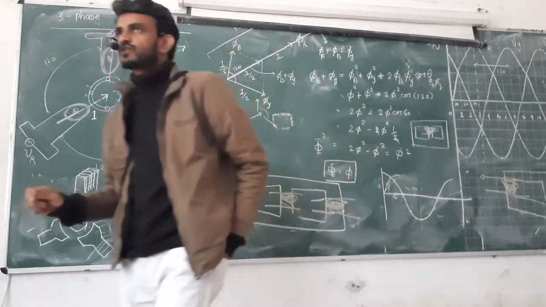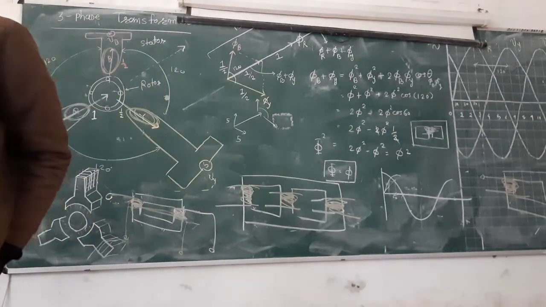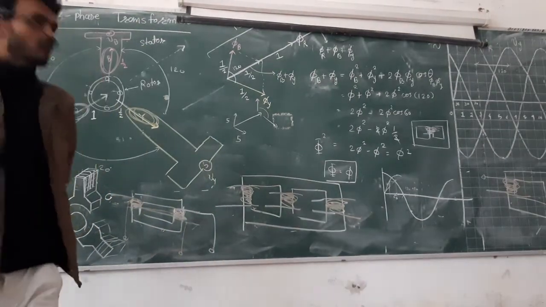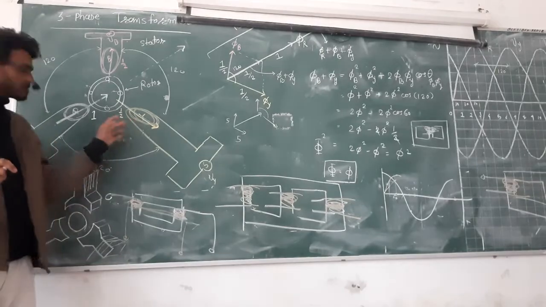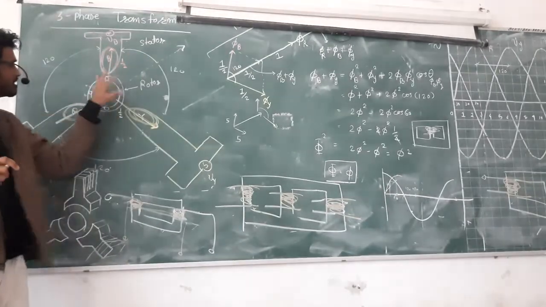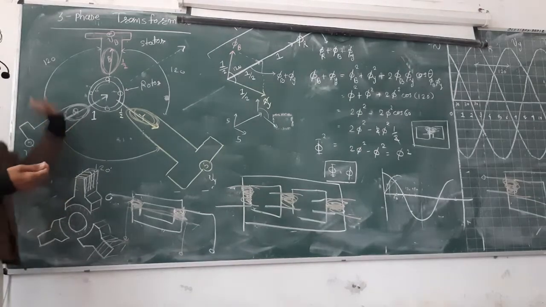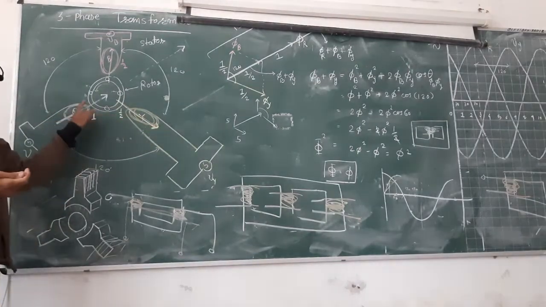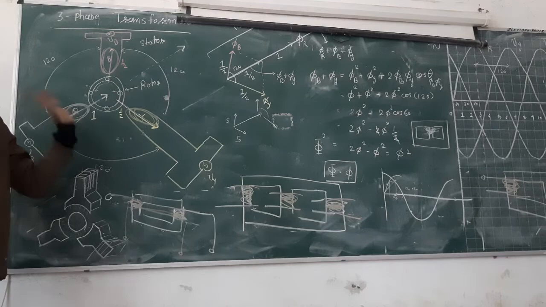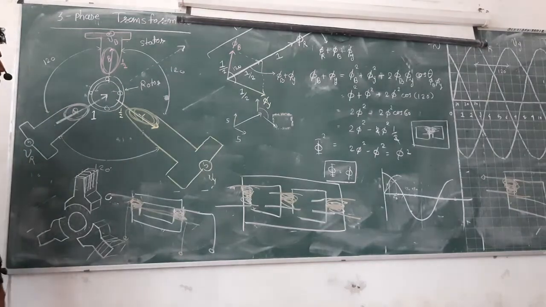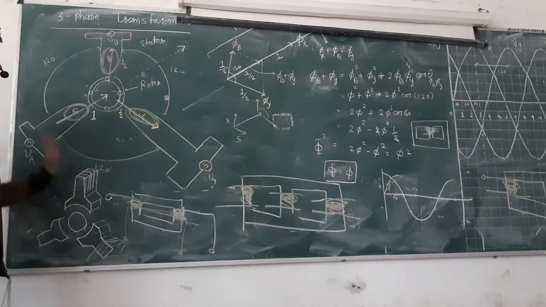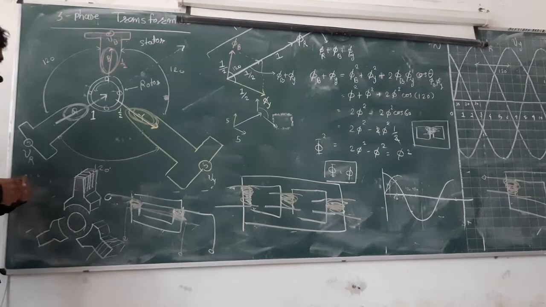In whatever direction the magnetic field rotates, in the same direction there will be motion of the rotor. So if the rotating magnetic field is in this direction, the rotor will also rotate in this direction, clockwise. So this is the whole idea behind three-phase supply.